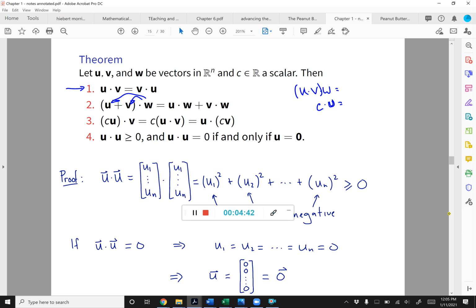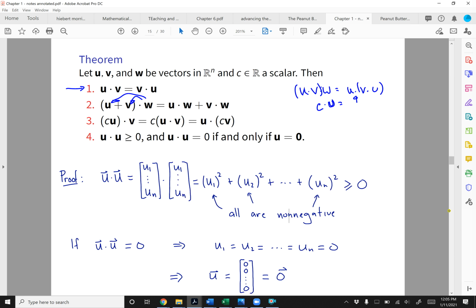But this is a constant. And even if you did v dot w and said, okay, we don't want this to be a dot product, we want just the regular multiplication, a scalar multiplication. Same thing over here.